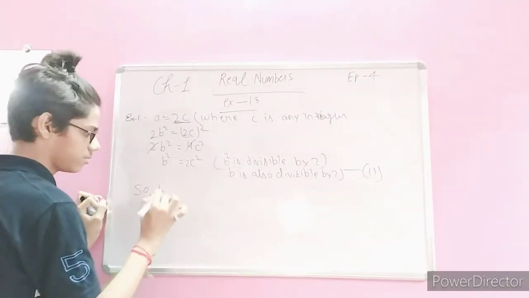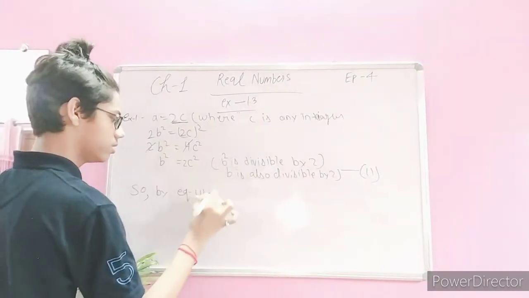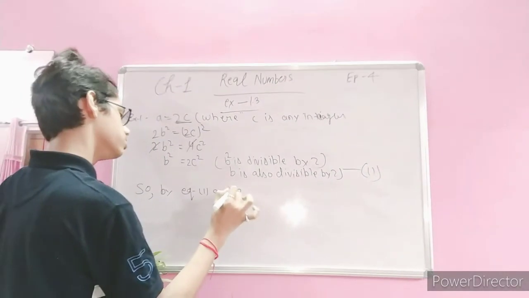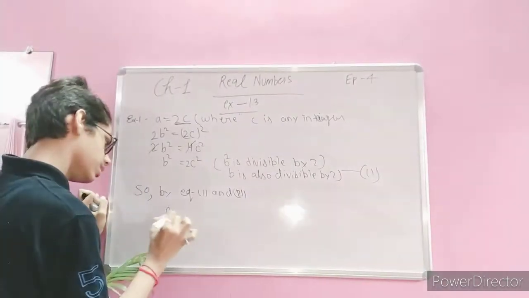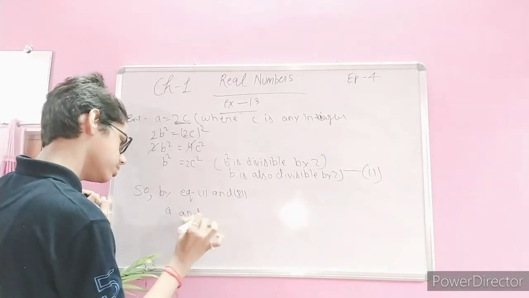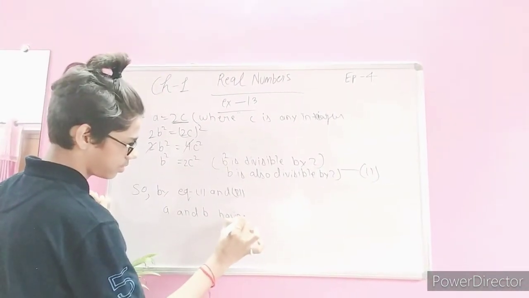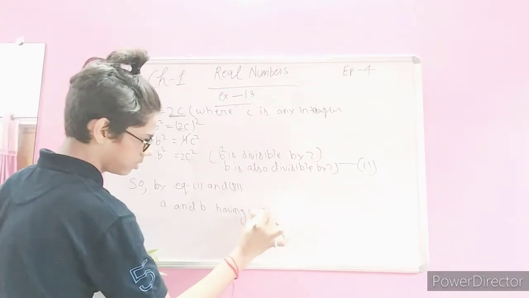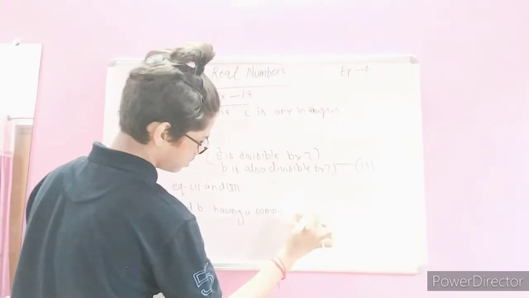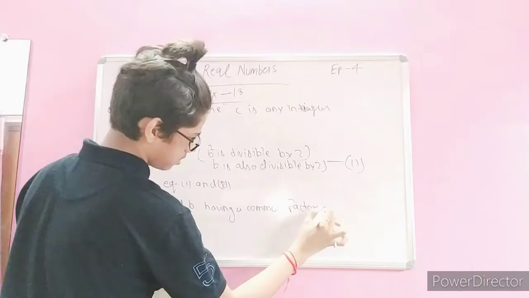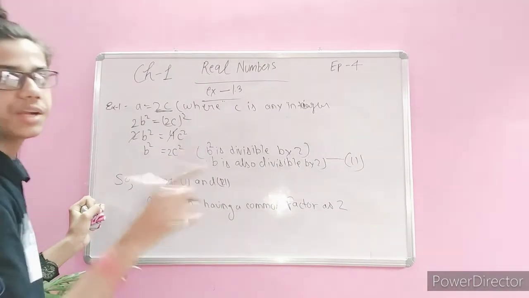So by equation 1 and 2, a and b having a common factor as 2, but we have written that a and b are co-prime.